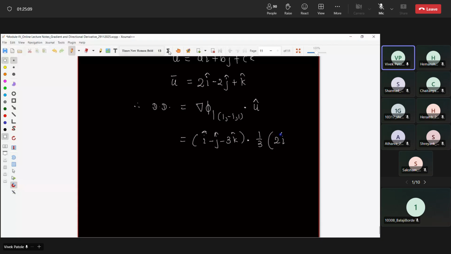Do evaluate. So it will be how much? 1 by 3. Okay, so it is becoming 2 plus 2 and minus 3. Correct. So this is simply 1 by 3. So directional derivative is equal to 1 by 3 along that line.